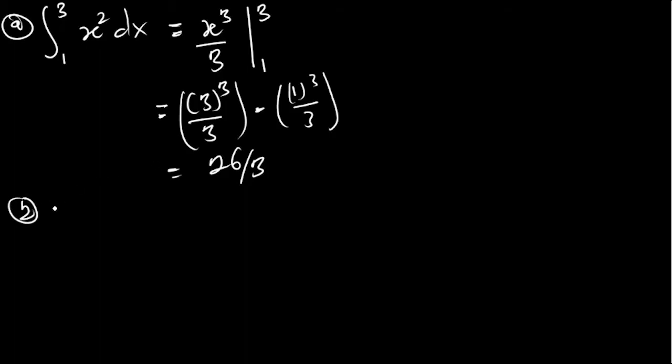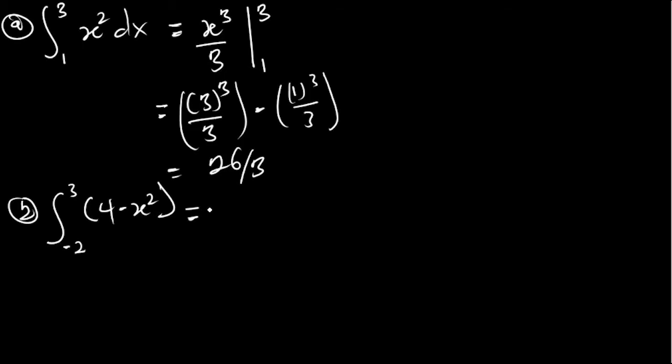Number 2, the integral from negative 2 to 3 of 4 minus x squared. Are we okay? So let's try to evaluate that. First, we have to integrate this function, then put in the values of the limit. This is a linear integration. It's the same as integrating them term by term.